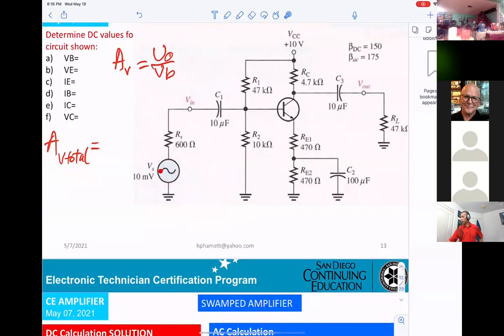The only exception is if you don't have this resistor here, then it can be V out divided by VS. VS or VB will be the same. But if you have a resistor here, then they're not the same. You have to calculate the gain here, then use the voltage divider in order to get the total gain. On this one, they will do the calculation for you.